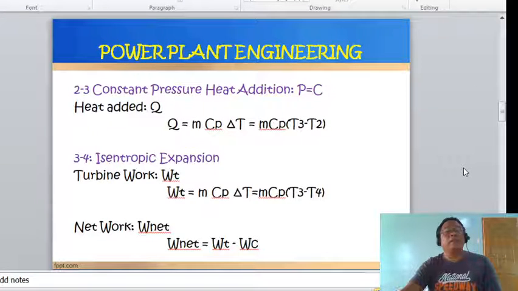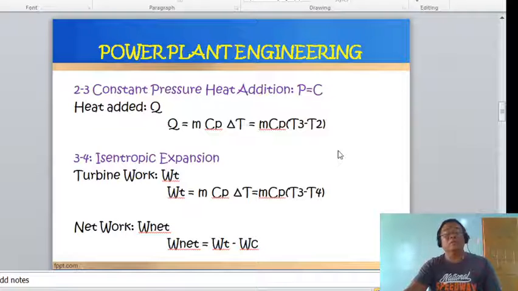Next, for 2 to 3, this is at the combustor. So, constant pressure heat addition, P equals C. Again, for P equals C, Q equals m Cp ΔT, or m Cp multiplied by the temperature at 3 minus the temperature at 2.